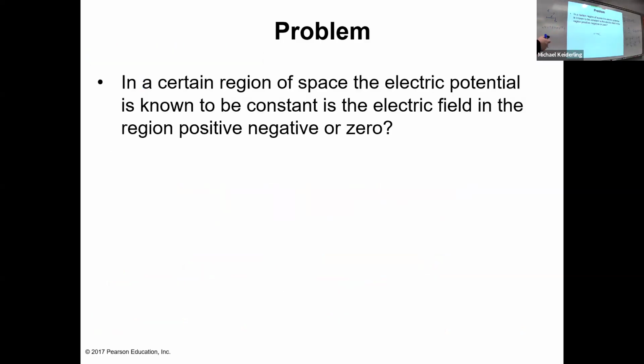So, in a certain region of space, the electric potential is known to be constant. So we have some region of space, and we know the electric potential throughout this region is constant. If the electric potential is constant, if the voltage is constant, is the electric field in the region positive, negative, or zero?